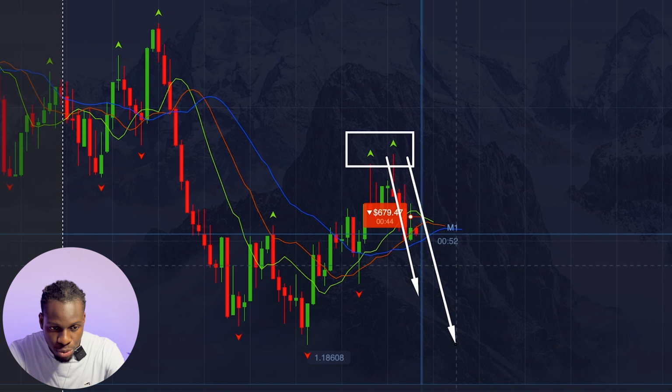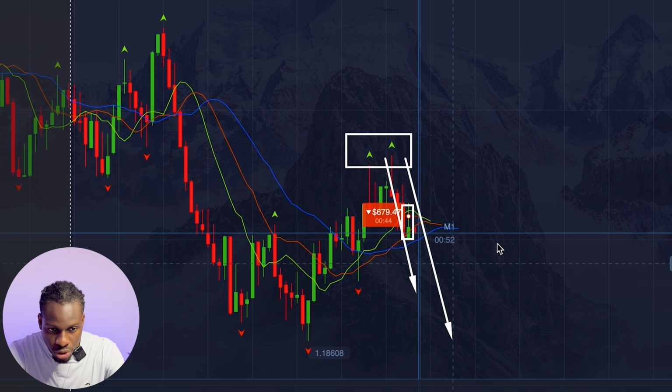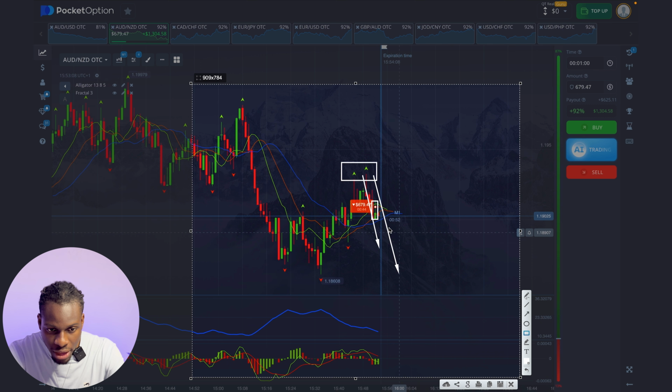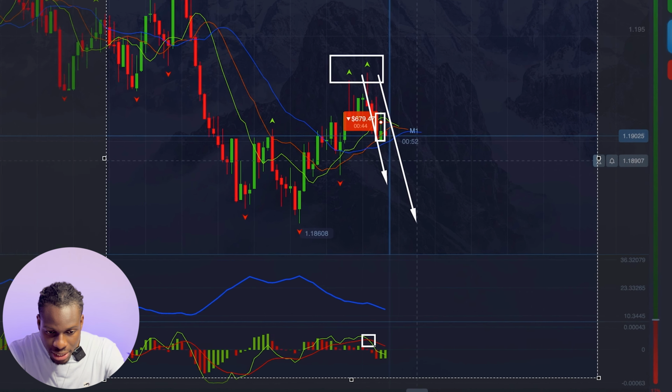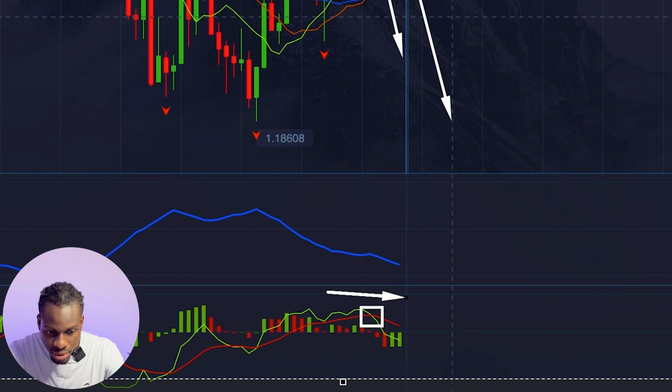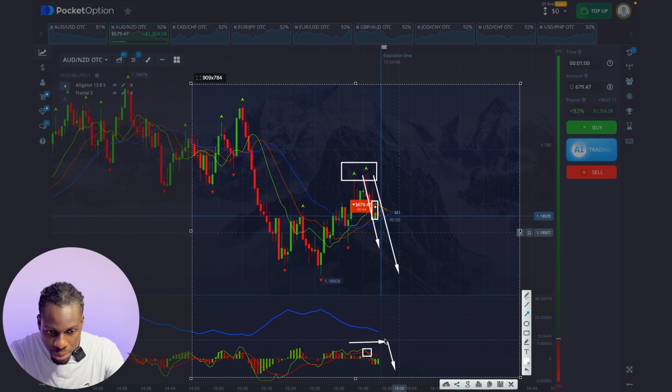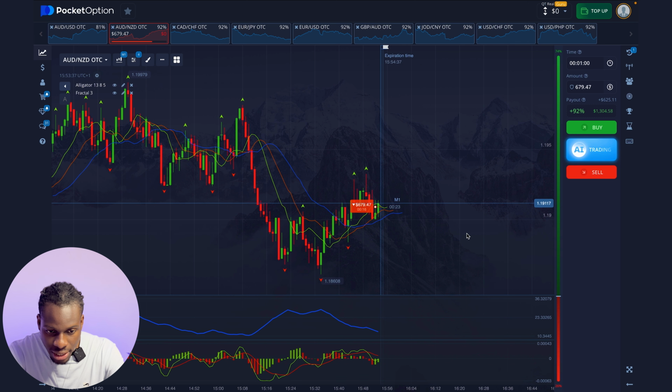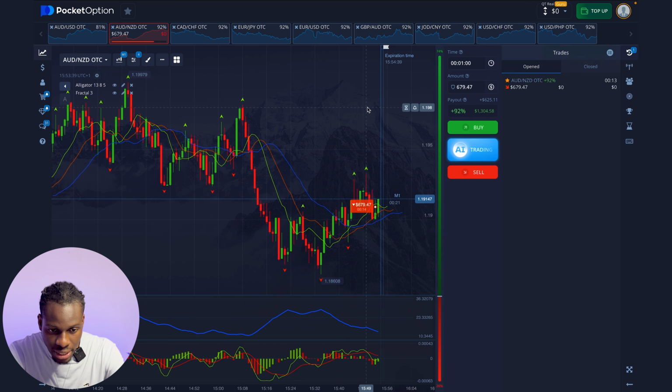Now, there was a brief pullback, but I expect a full intersection to occur. So the moving average lines and the volume behavior also support my bias. We can see the volume changes, and we can see the intersection of the moving average lines. Let's see how this one plays out.